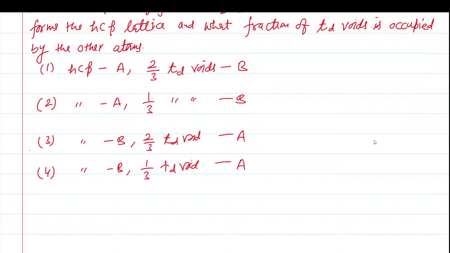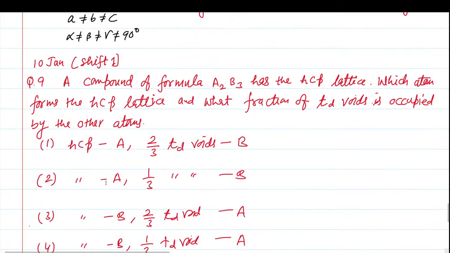So which option is right? It's also for you. Formula is A2B3. You have to identify which atom forms HCP and what fraction of tetrahedral voids is occupied by the other atoms.